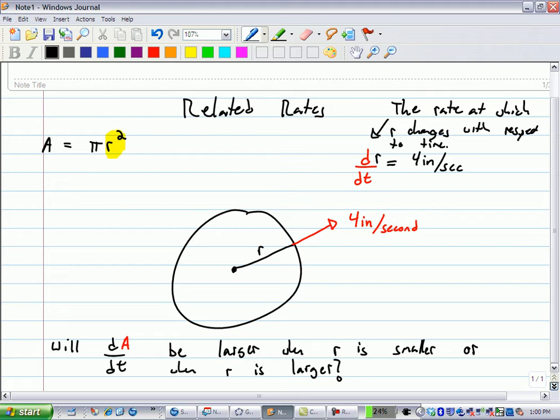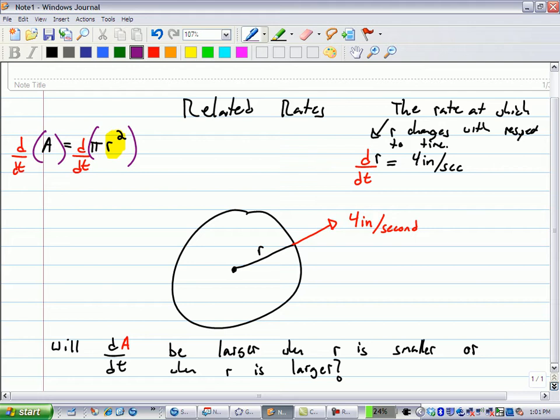If two things are always equal, the rate at which they change has to be equal. If that rate were not equal, we wouldn't always have the same amount. So you can take the derivative of both sides with respect to time. If these two quantities are equal, the rate at which they change will also be equal.